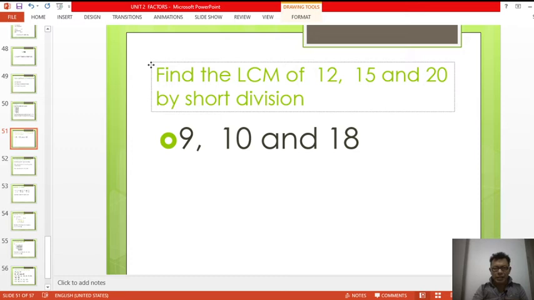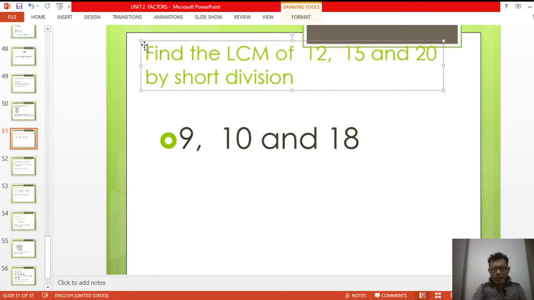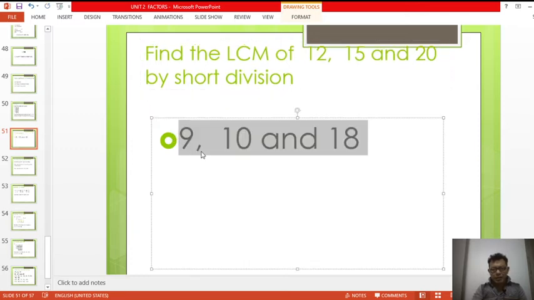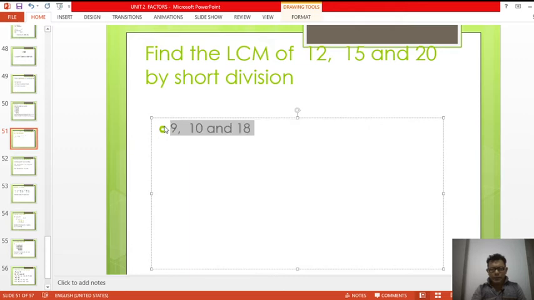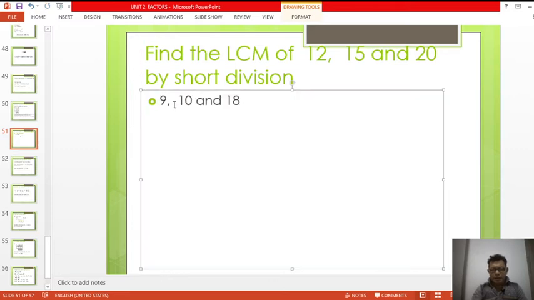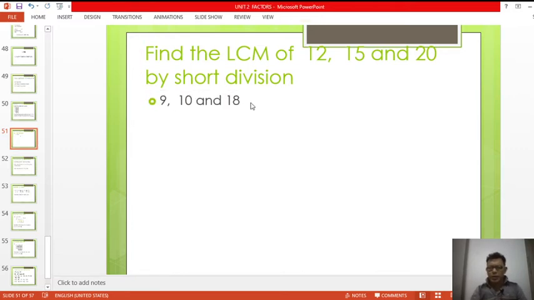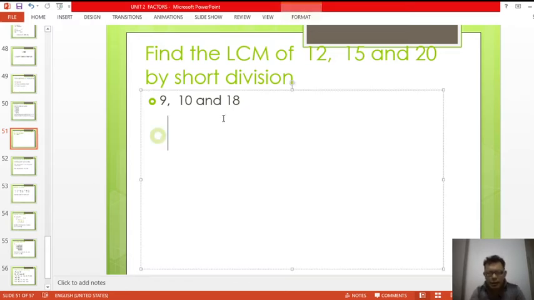Let's try to do this together. Come on, let's do this with me. Hold on. So remember what we're gonna do first: write them horizontally.